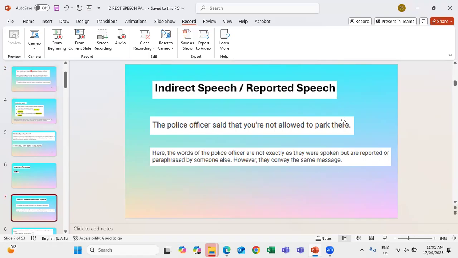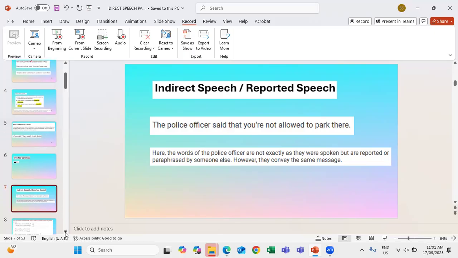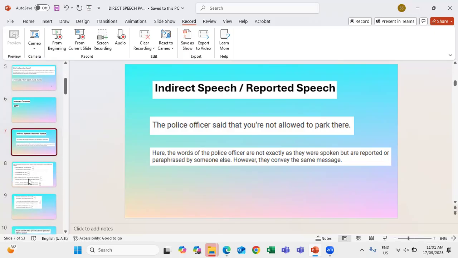So this is known as indirect speech. The words of the police officer were not exactly as they were spoken, but they are reported or paraphrased by someone. So we have changed the way to say the same thing. Now we understand the meaning of direct speech and indirect speech. Indirect speech is also known as reported speech, and we covered inverted commas, the reporting clause, and how to write the reporting clause as well.